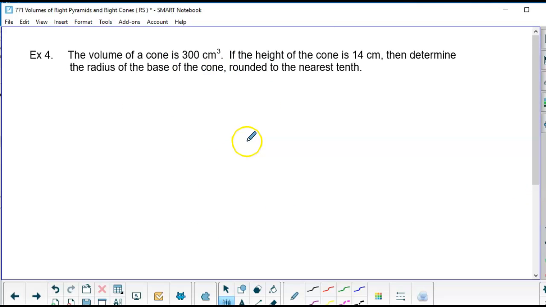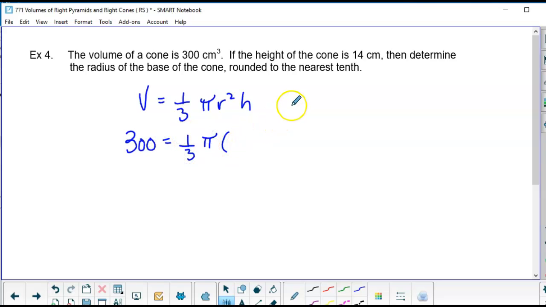And then last example, the volume of a cone is 300 centimeters cubed. If the height is 14, determine the radius of the base. So remember, volume of a cone is 1/3 pi r squared times height. Now we have 300. The radius is what we want to find.